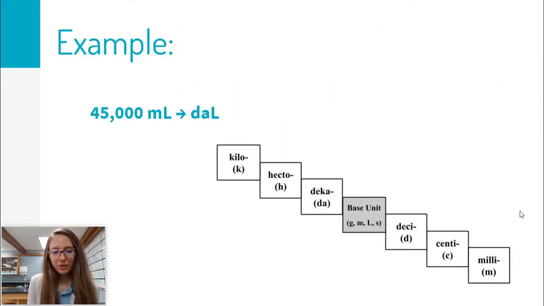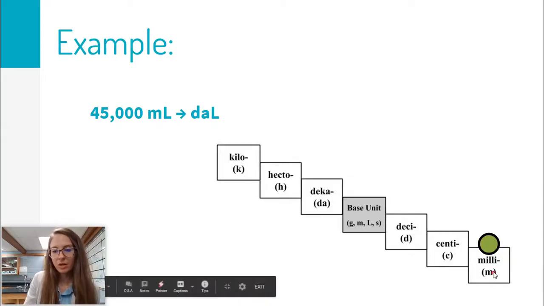If I ask you to convert 45,000 ml into DAL, let's go through those steps to see how it's done. So we first need to find out where we are going to start and where we are going to stop. To do that, we can simply look at the starting unit, which will be attached to the number given, cover up the last letter, that's the L, we're left with M. So we know that our starting stair is going to be the millistair because that's where the M is located.